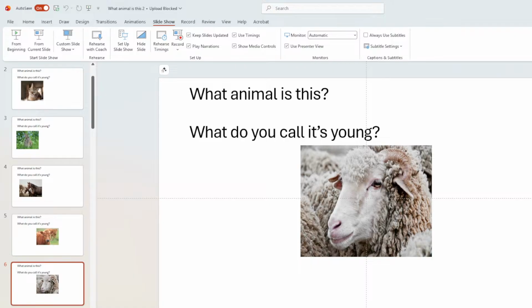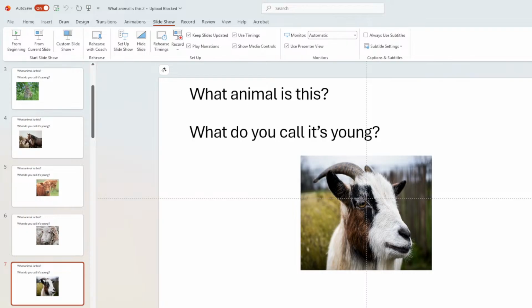Young one of a sheep is called lamb. Right? Lamb. Okay. Let's move on.